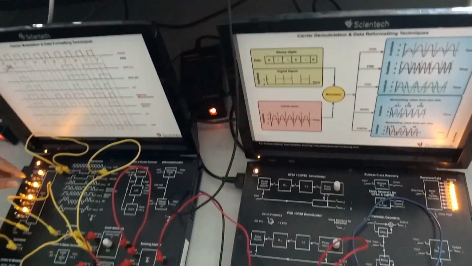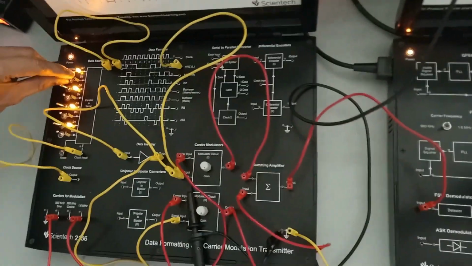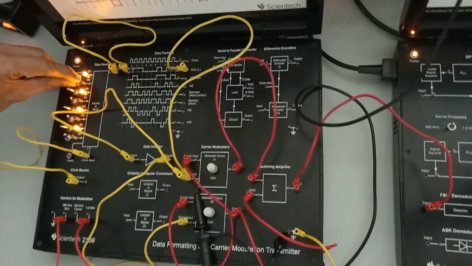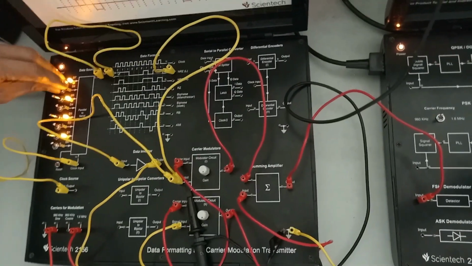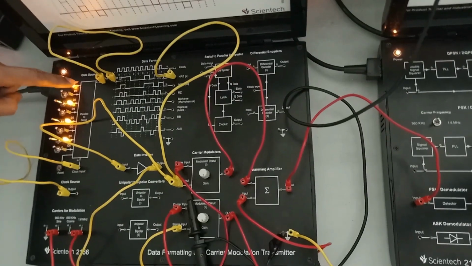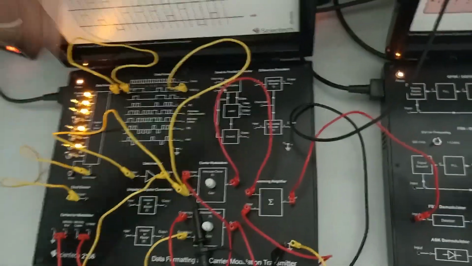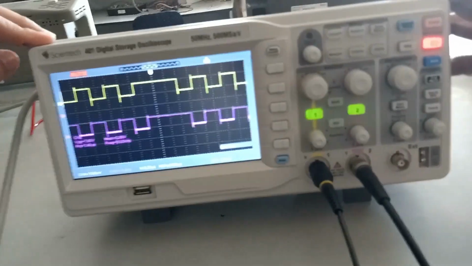Now, because we have taken data 1010 1010, we can change the data and see whether the demodulation process is working properly or not. So I am changing the data. The present data is 1010 1010. Now we are taking the data as 111. Let us see whether there is a difference.